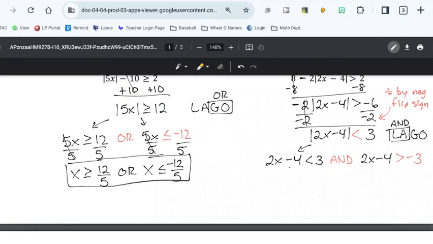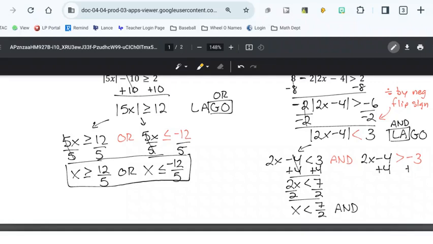Now we can go ahead and solve. So we add 4 to both sides. 2x is less than 7, divided by 2. We get x is less than 7 over 2, or 7 halves. And then it's an and problem.